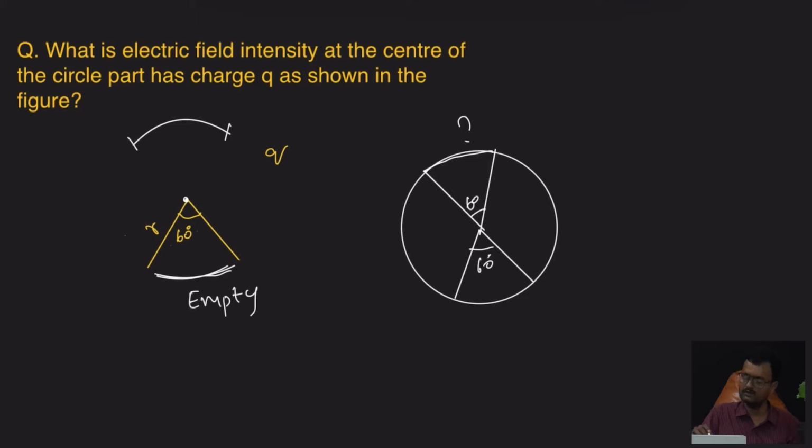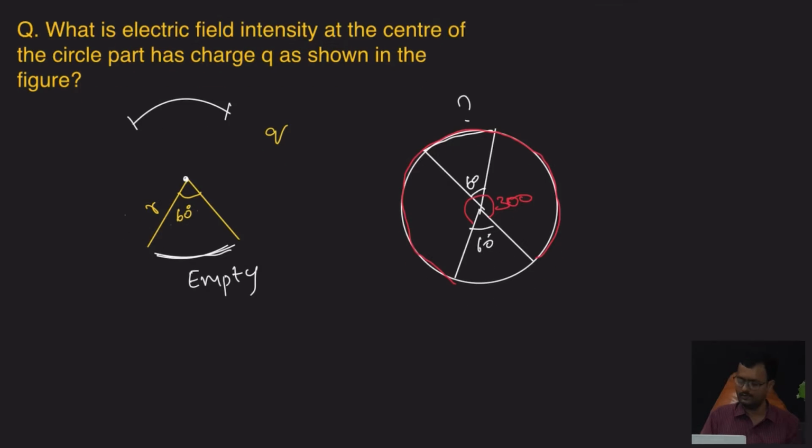So given, this is 60 degrees, and the total angle is 360. So what is the remaining angle? That is 300 degrees, 360 minus 60. So for 300 degrees the charge is q. I want only the 60 degrees part. How much charge does the 60 degrees part require?